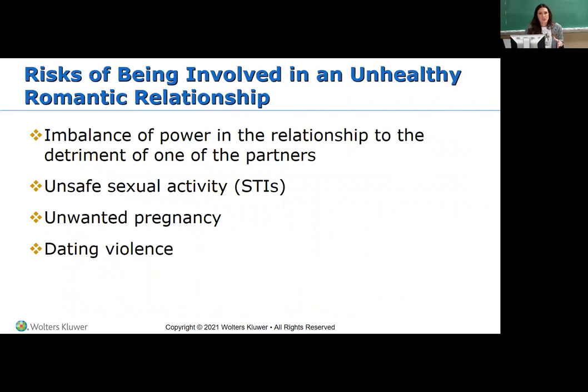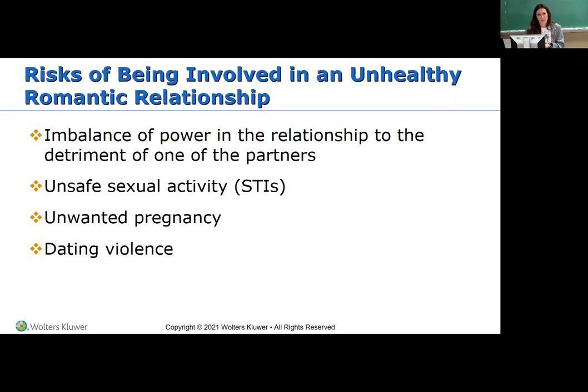With those healthy relationships, there are some risks that are involved with being in an unhealthy relationship. Those risks are usually an imbalance of power in the relationship. So it's either an alpha female or an alpha male, and they're together and they're talking down to the person.